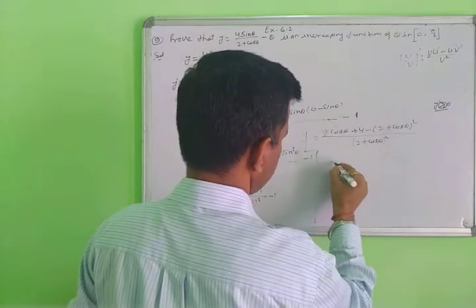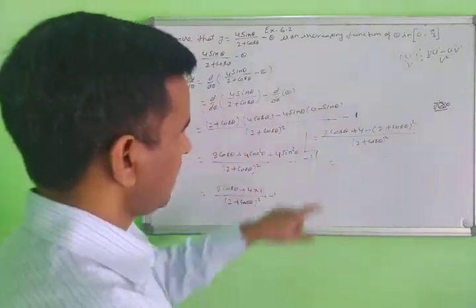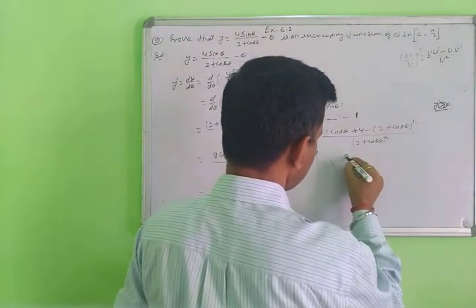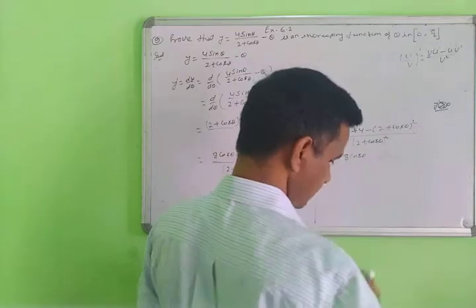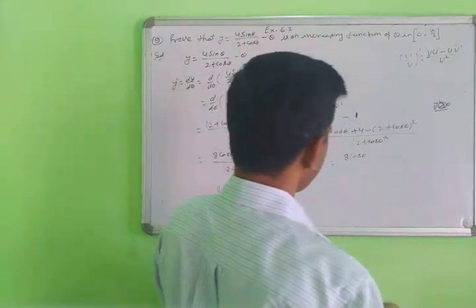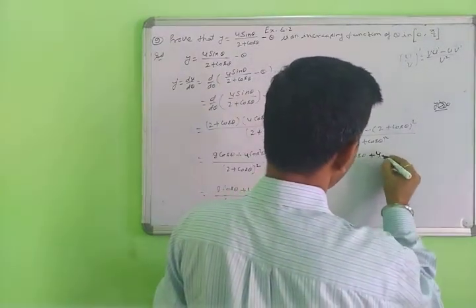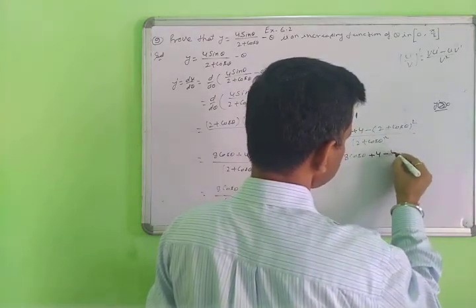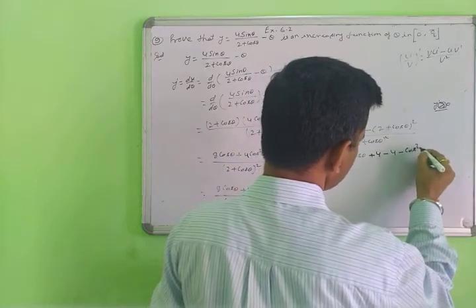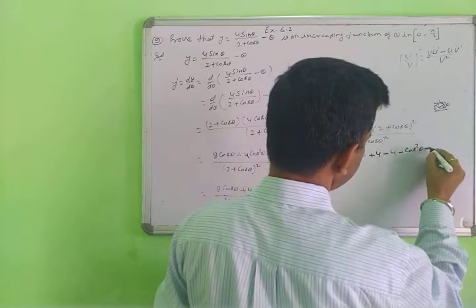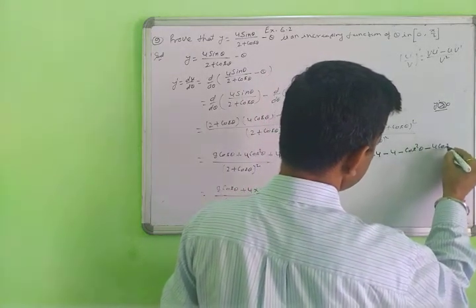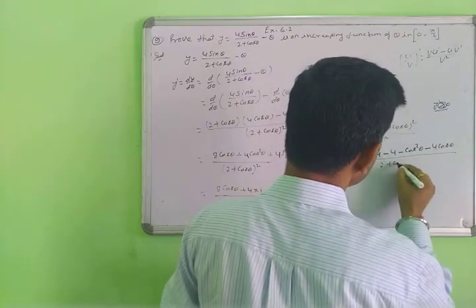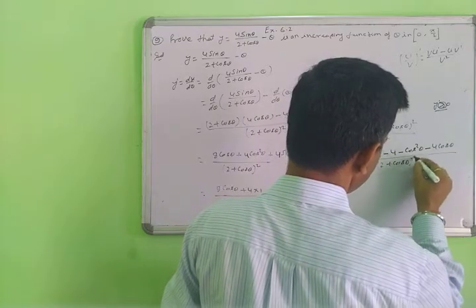Multiply here 8 cos theta plus 4, and here open the identity a plus b whole square: 4 plus 4 cos theta plus cos square theta, so the subtracted part is 4 plus 4 cos theta plus cos square theta, upon 2 plus cos theta whole square.